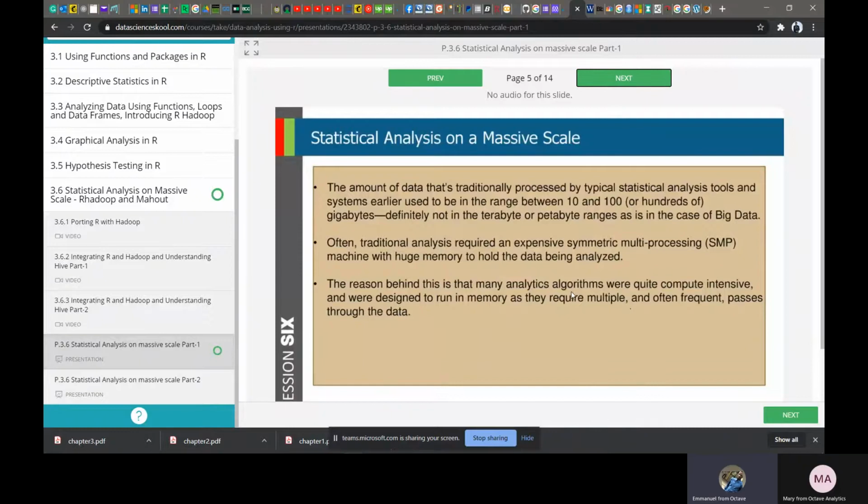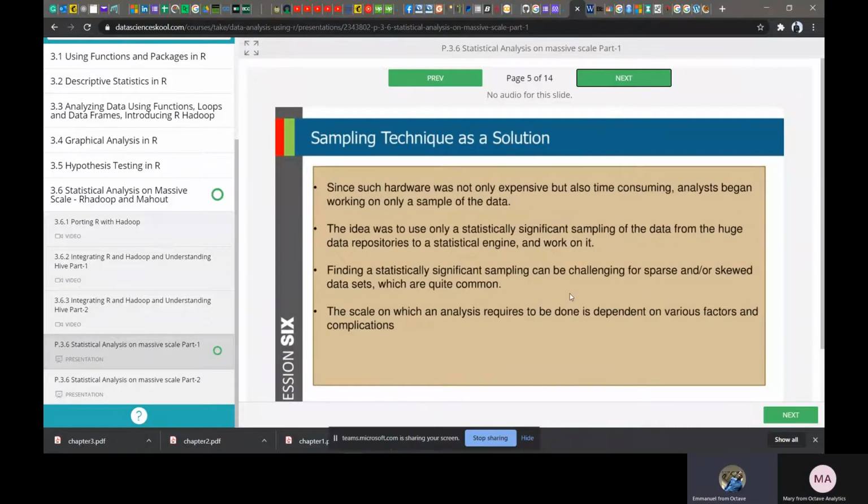Now, there came about the sampling technique as a solution. So instead of me running on the whole data set, let's say the data set is like 1000 gigabytes.